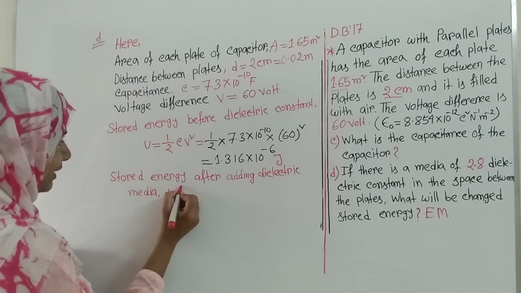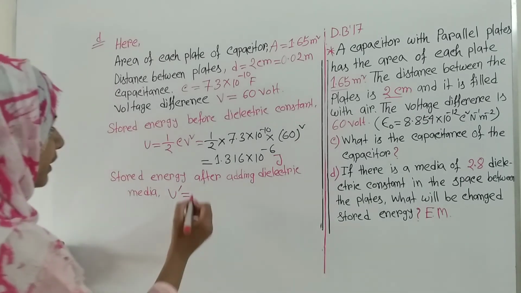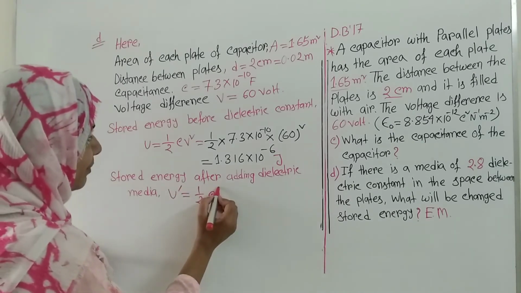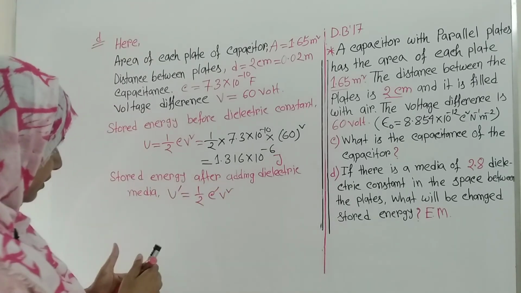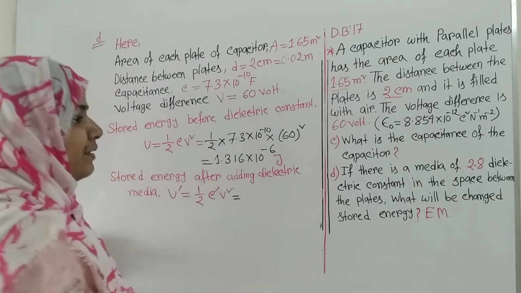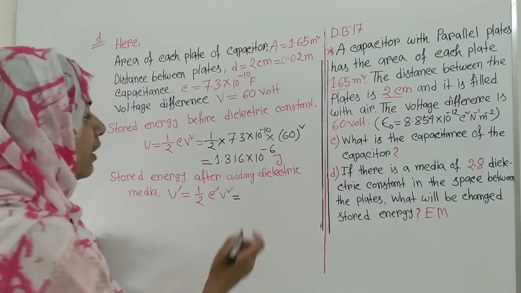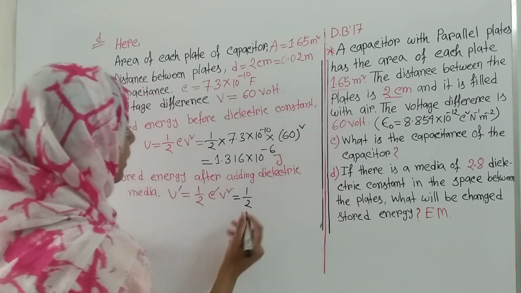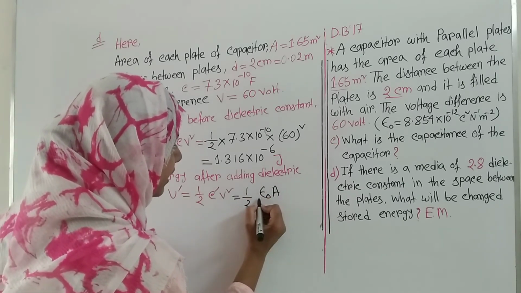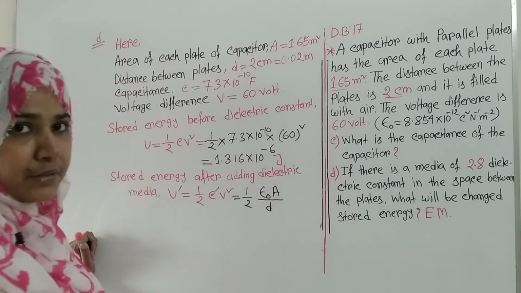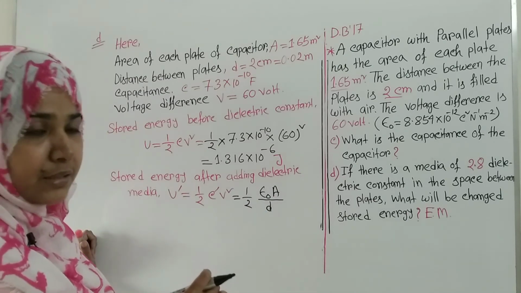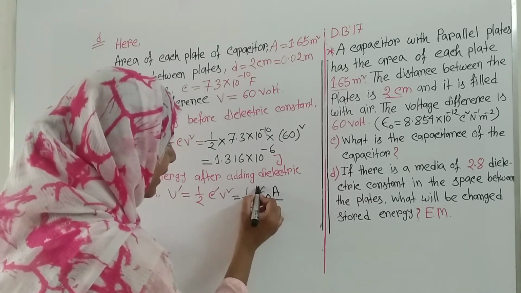If we consider it as U prime, then we can write that U prime is equal to half, now the new capacitance will be C prime V square. So students, you know that whenever we add dielectric constant, the formula changes. Normally the formula to calculate the capacitance of a parallel plate capacitor is epsilon naught A by D, but as we are adding dielectric media here, we have to multiply K here.